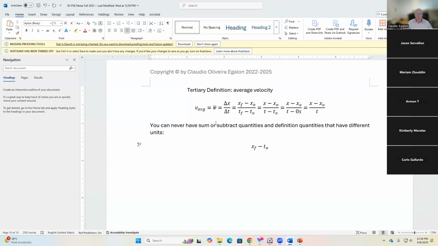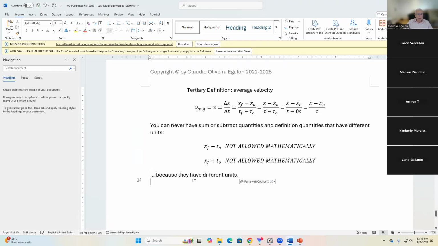You cannot subtract position with time. Not allowed mathematically, right? It's just like summing bananas with potatoes. And similarly, if you cannot subtract, you cannot sum either, because they have different units.